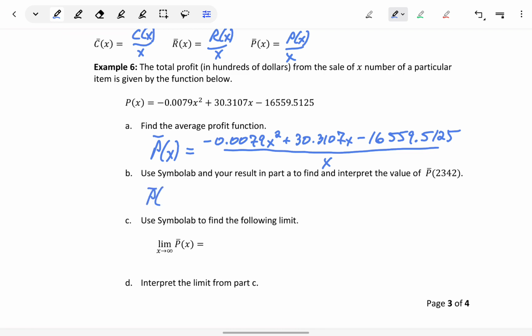So P bar of 2,342 is approximately equal to 4.7382.